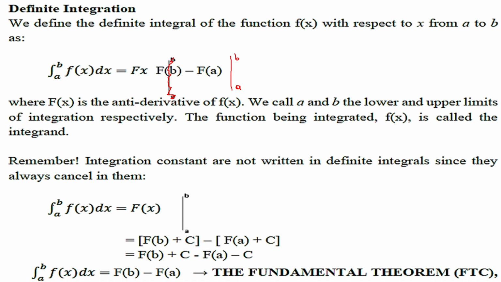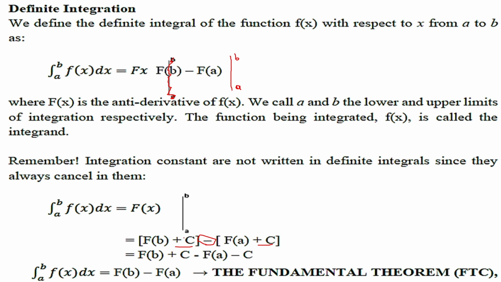So in the definite integral from a to b, f of x dx is equal to F of x. Okay, this is the vertical bar notation from a to b. So as you can see, we will be having F of b plus c, right? Minus F of a plus c. This one plus c again. Okay, we will now combine it.